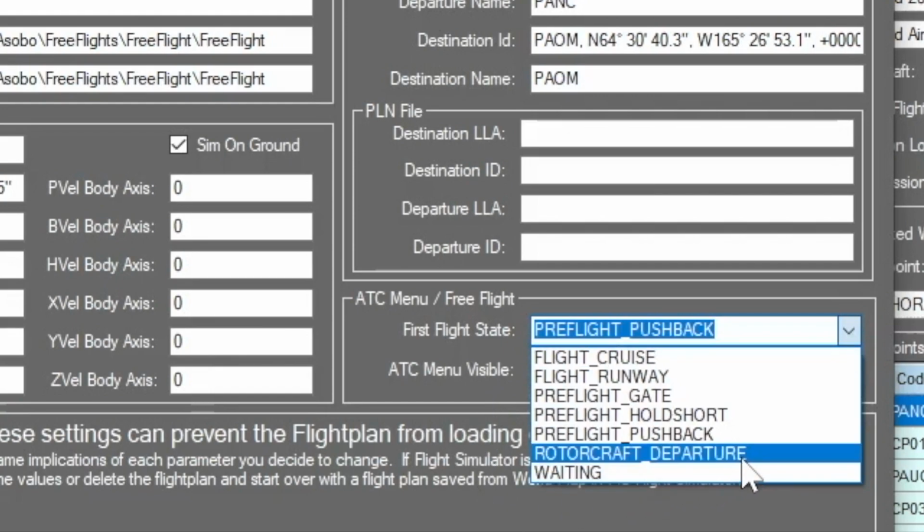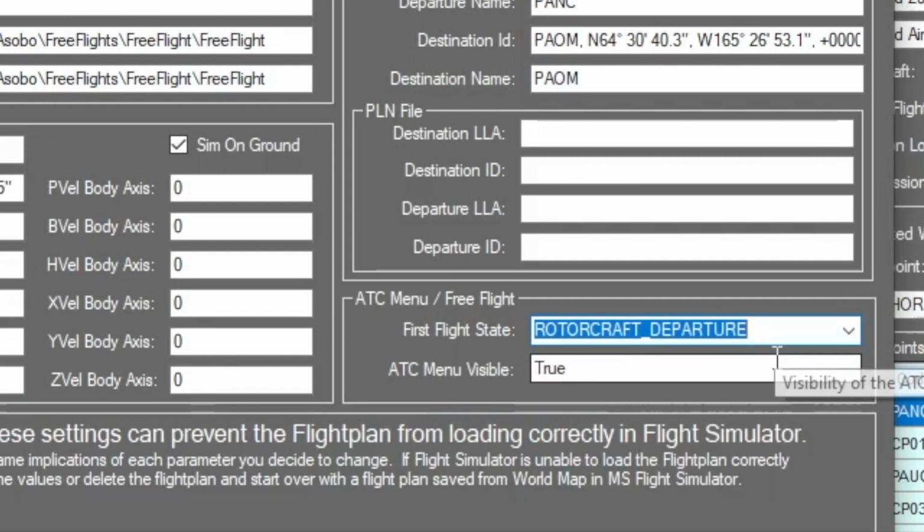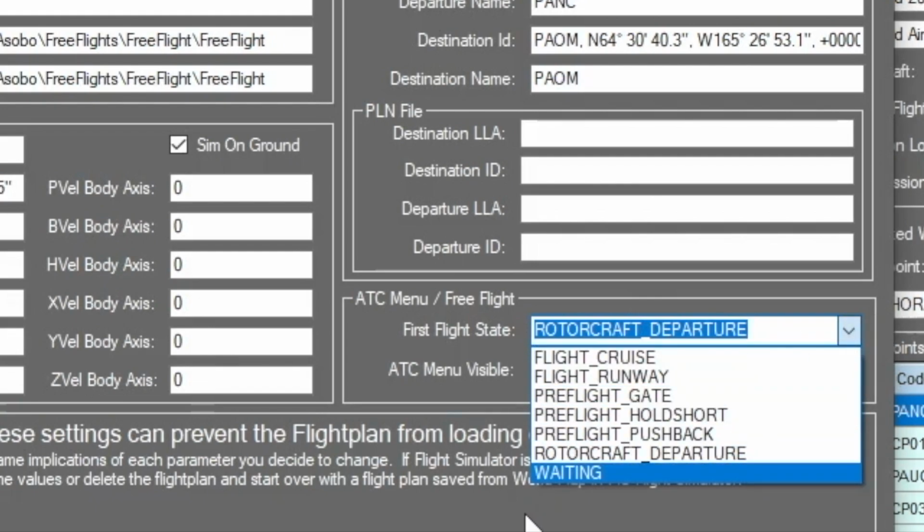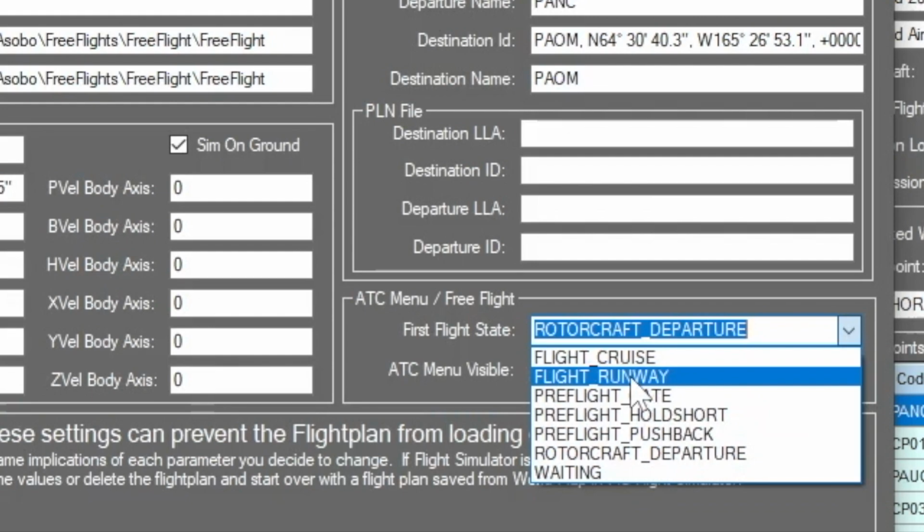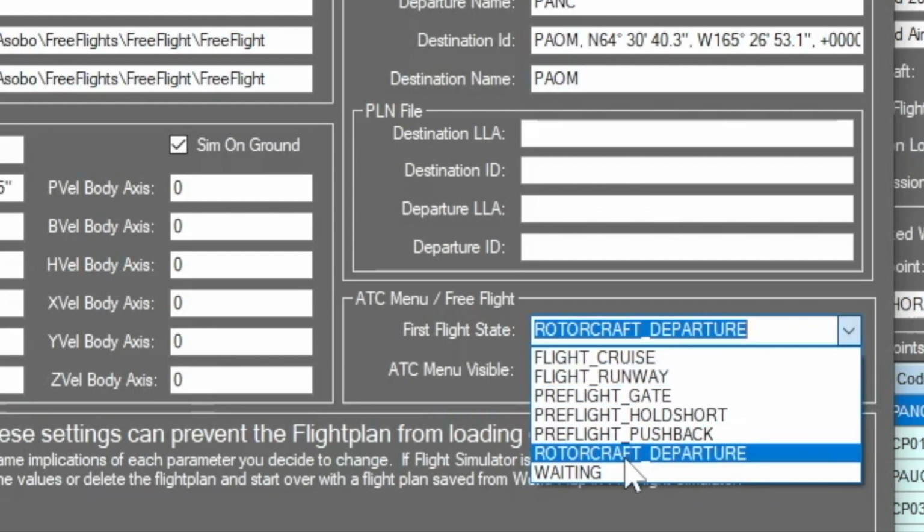These last two at the bottom, rotorcraft departure, is what it sounds like. It's a helicopter already started, ready to hover, I guess. I don't know a lot about the helicopters. I don't know if it'll recognize flight runway. I would assume it does. But if you start up on a helipad, you get rotorcraft departure.